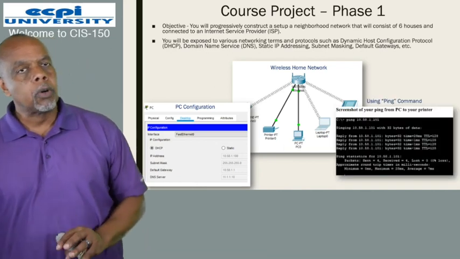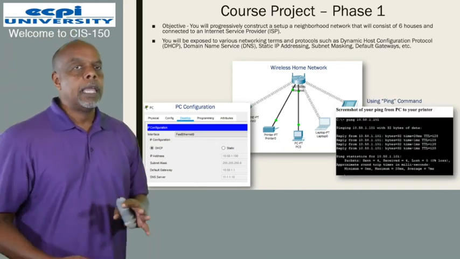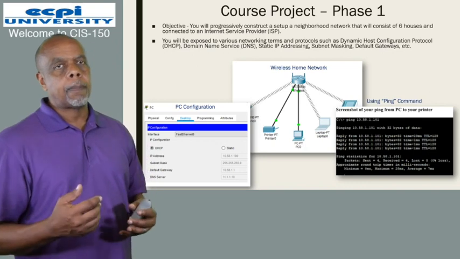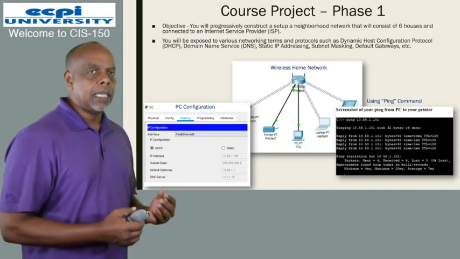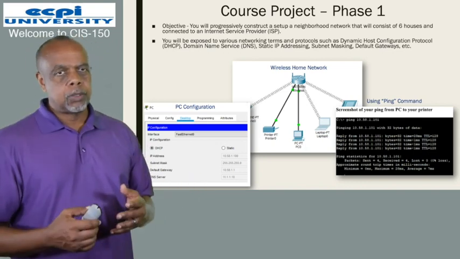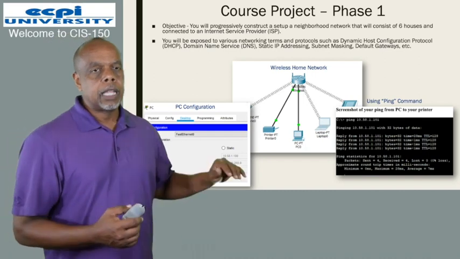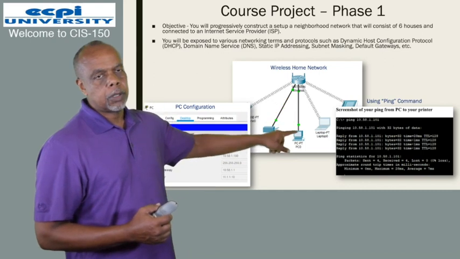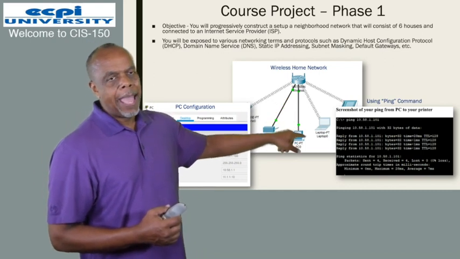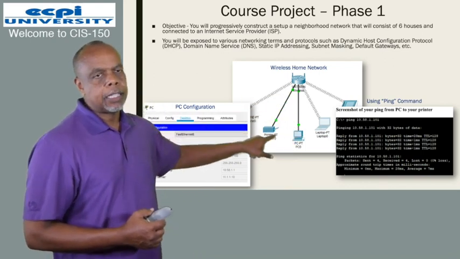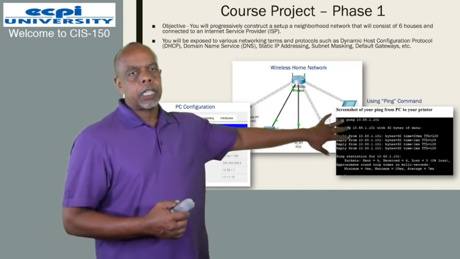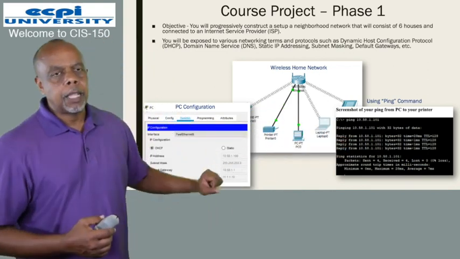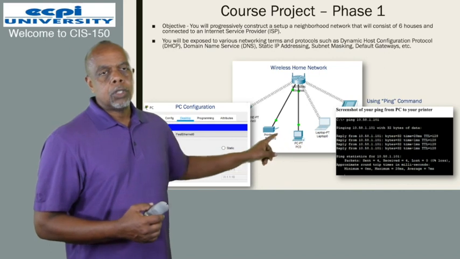Now, something very important that you're going to learn, if you don't know it already, is a utility we call ping. Ping is a utility built into your operating system that allows you to send a small set of packets from one computer to another to be sure that you have connectivity. For instance, in this diagram, I am sending a ping from the PC to the printer.